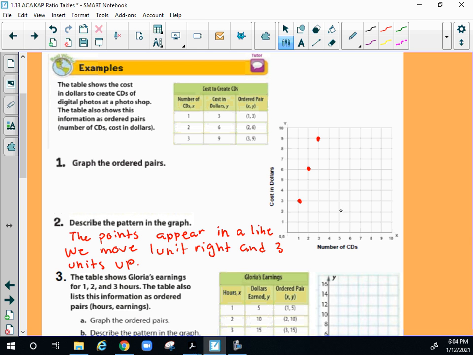And then that also tells me that the cost increases $3 for every CD that's created. So 1 CD is $3, 2 CDs would be $6, 3 CDs, $9, and so on. And I'm running out of room, but you can also write that too.